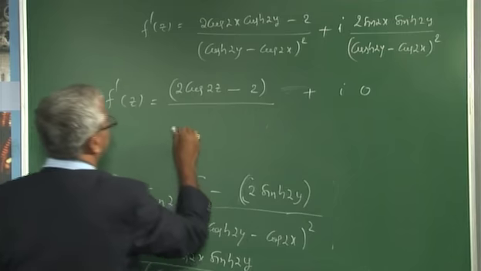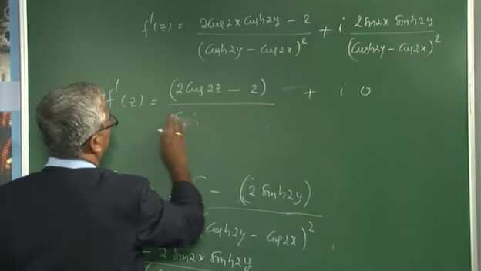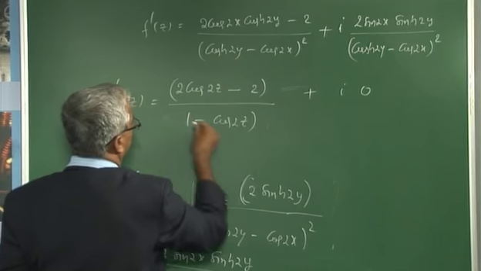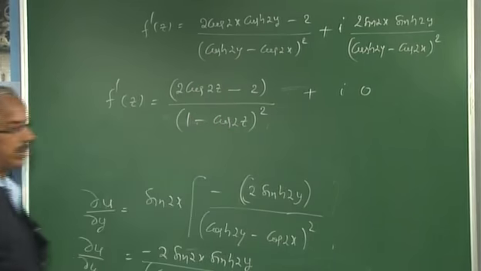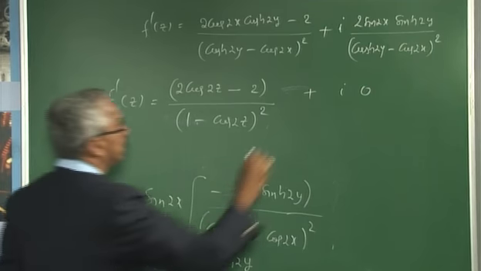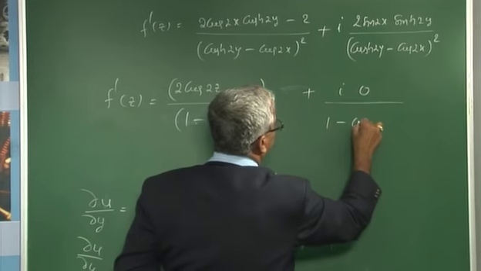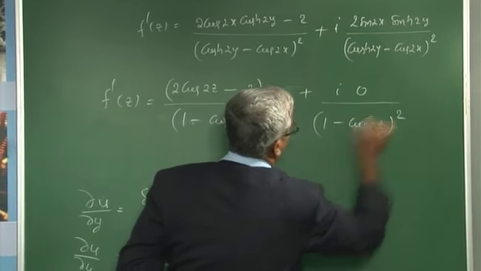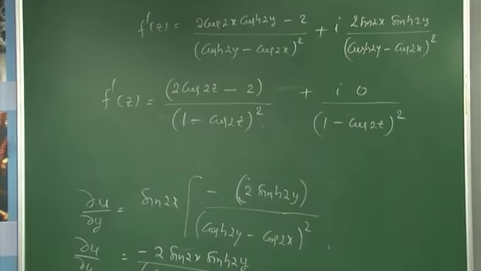Then cos hyperbolic 0 is 1, so we get 1 minus cos 2z whole squared here, and here also 1 minus cos 2z whole squared. So 0 by anything is 0.